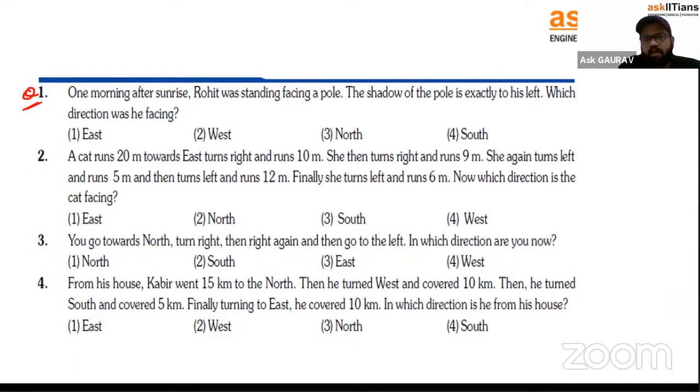So one morning after sunrise, Rohit was standing facing a pole. So let's say this pole is there.